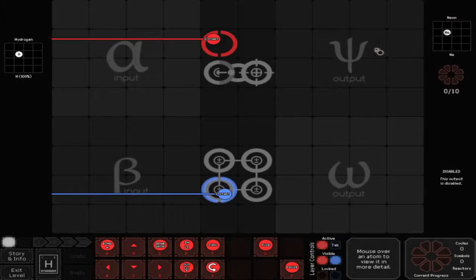Okay. Hydrogen. And we have to make neon. So neon is 10. So we need to fuse 10 hydrogens, obviously. So in essence, I'm going to have to make a counting sort of system.